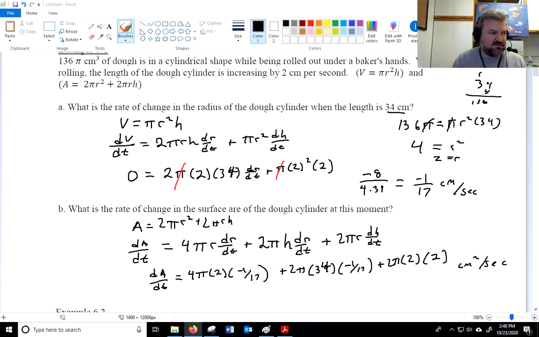So I'm just going to go ahead and type it in a calculator. 4 pi times 2 times a negative 1 over 17 plus 2 times pi times 34 times a negative 1 over 17. So that's just going to be negative 4 pi. All right, and then we got plus, that's 8 pi there at the end.